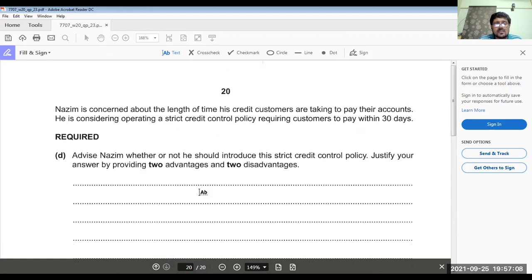Nazim is concerned about the length of time his credit customers take to pay their accounts. He is currently operating a strict credit control policy requiring customers to pay within 30 days. Advise whether or not he should introduce strict credit control, justifying your answer with two advantages. Now, if he makes a very strict credit policy, then he will lose customers. The chances of bad debts written off would increase.